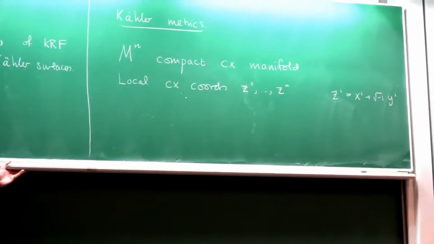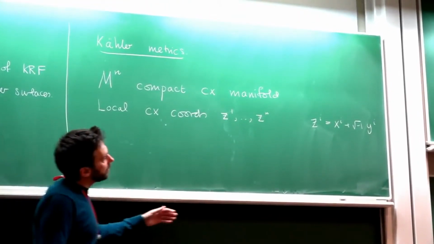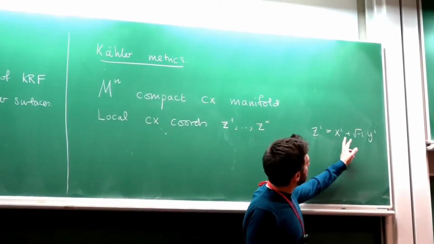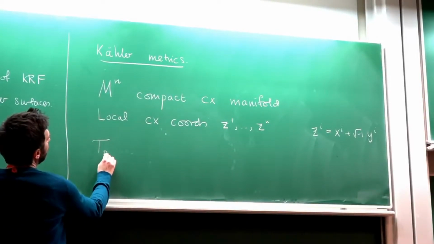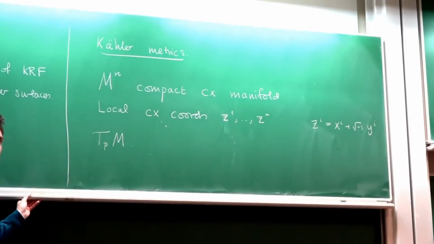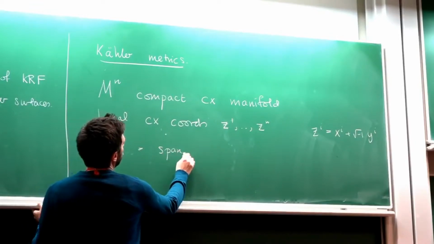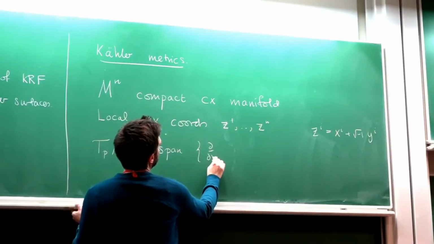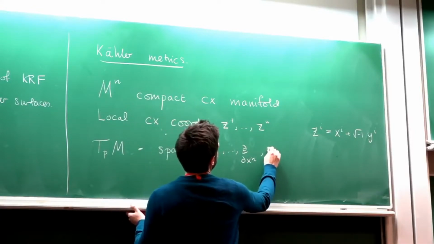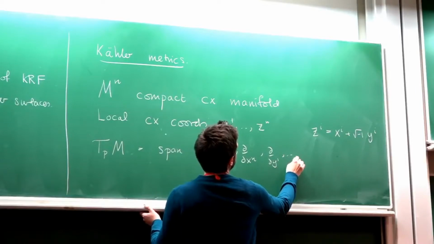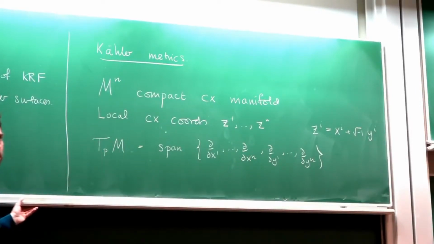I prefer root minus 1 instead of i. So the real coordinates, then you have x1 up to xn and y1 up to yn. And we know, of course, that the tangent space at a point on my manifold, locally I can think of this as the span of the vectors ∂/∂x1, ..., ∂/∂xn, and ∂/∂y1, ..., ∂/∂yn. It's a real 2n dimensional manifold.